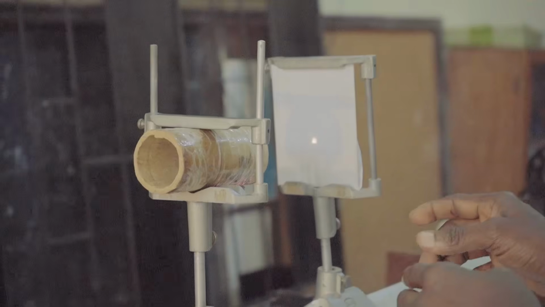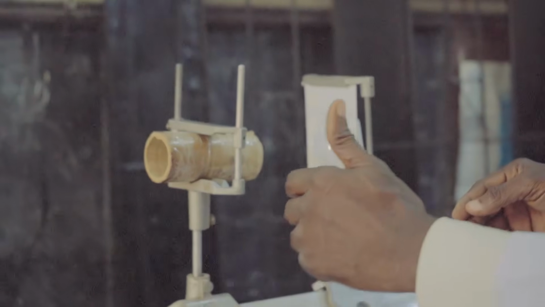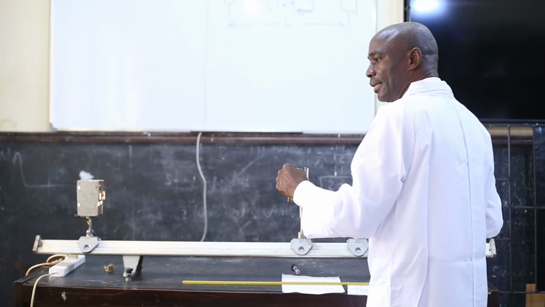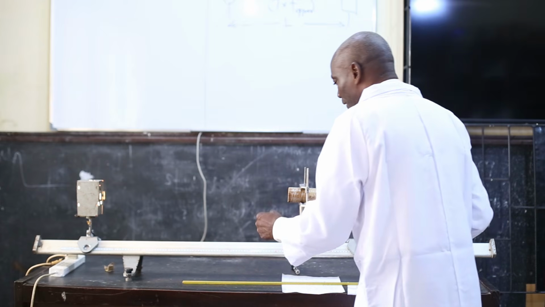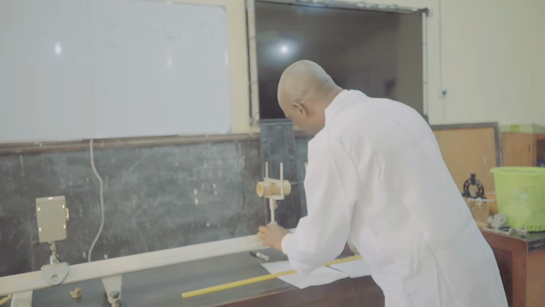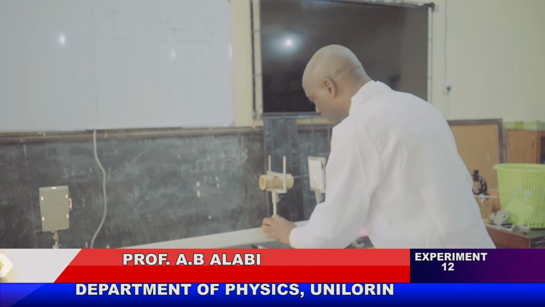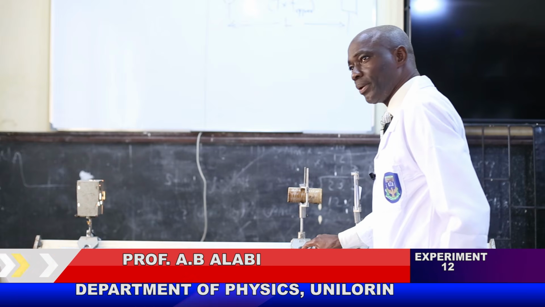The reason we have that is because if the object is placed between the focal length and 2f, then we have a real but diminished image. You have to note that point as L1.